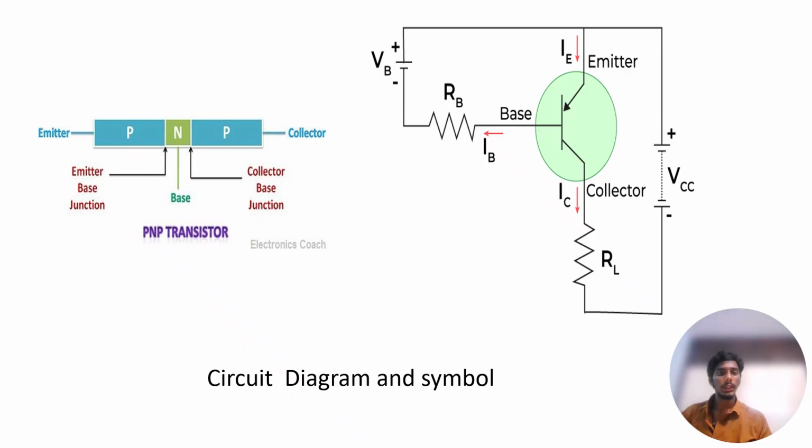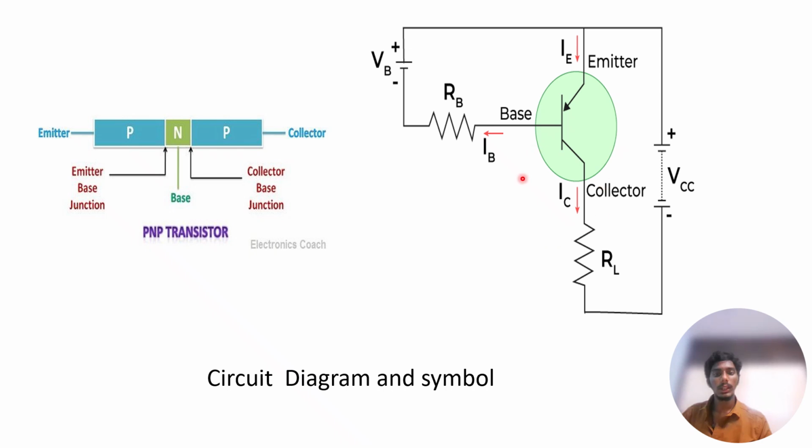Here is a circuit diagram of the PNP transistor, where there are two p-type semiconductors and one n-type semiconductor. This p-type semiconductor is considered the emitter, this p-type semiconductor is considered the collector, and this n-type semiconductor is considered the base. The collector base junction is this junction, and the emitter base junction is this junction.